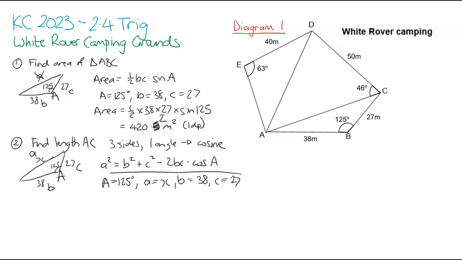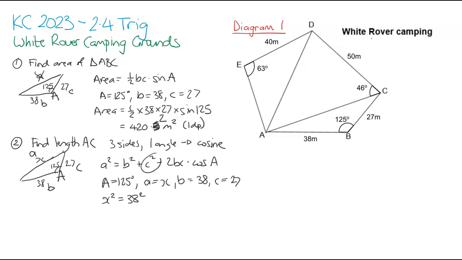So I'm just doing this for illustrative purposes. You can jump straight to the substitution if you're feeling confident. So let's put all of these in. So a squared is going to become x squared. So we've got x squared is equal to b squared is going to become 38 squared because we've got 38 over there.